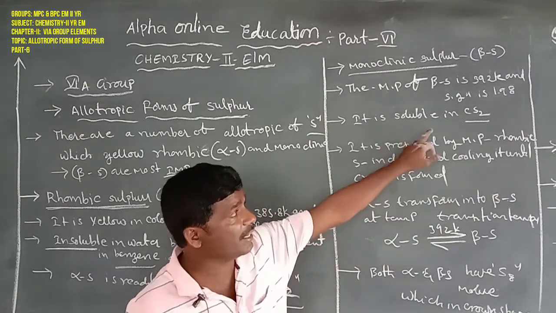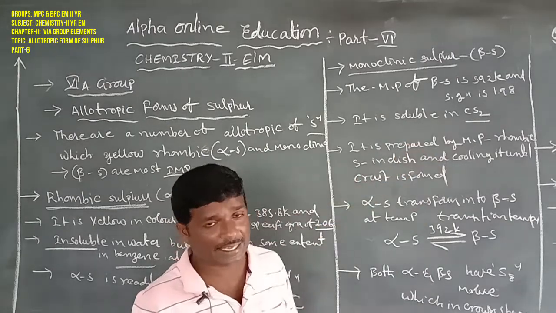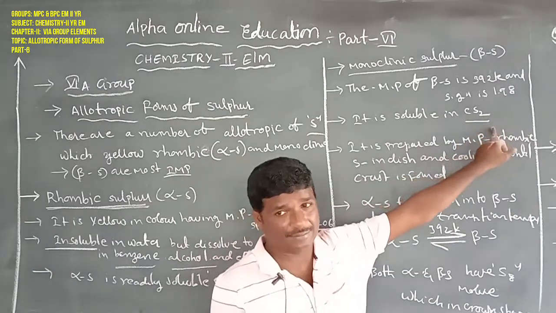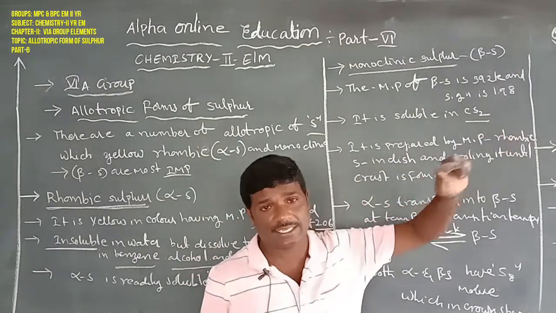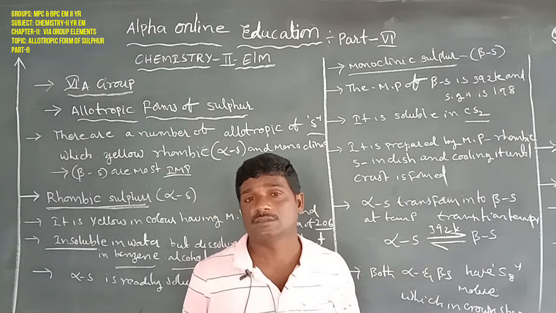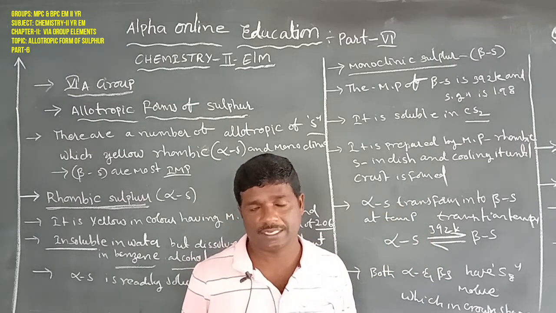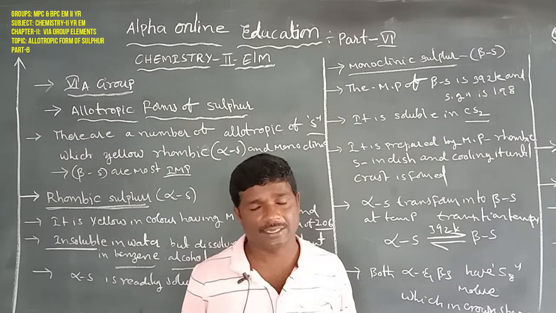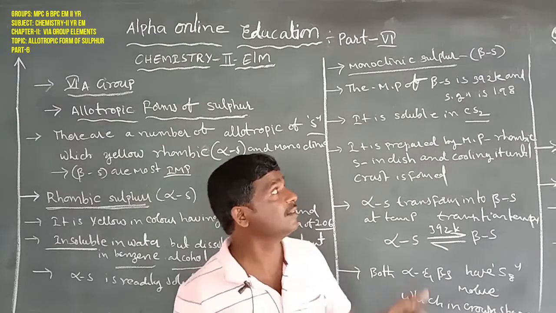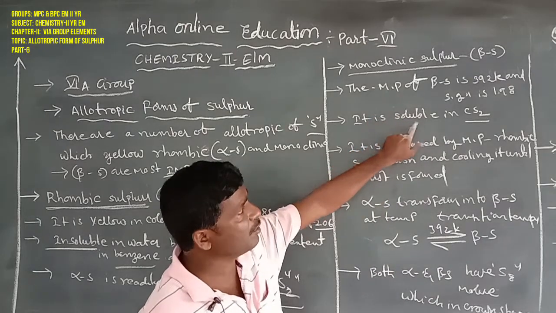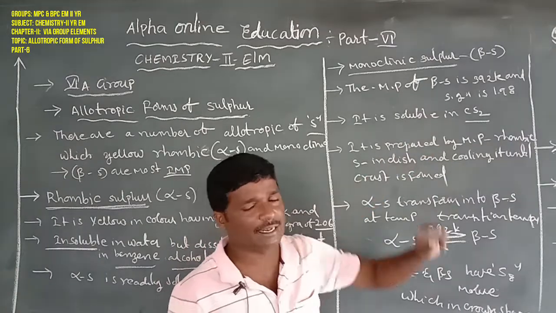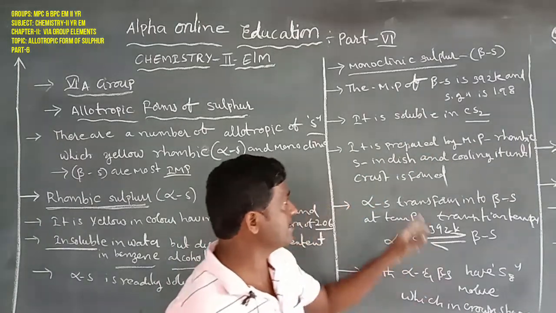It is soluble in carbon disulfide. Alpha sulfur is soluble only in carbon disulfide and organic compounds like benzene, alcohols and ethers, and does not dissolve in water. Monoclinic sulfur, or beta sulfur, is soluble in carbon disulfide.